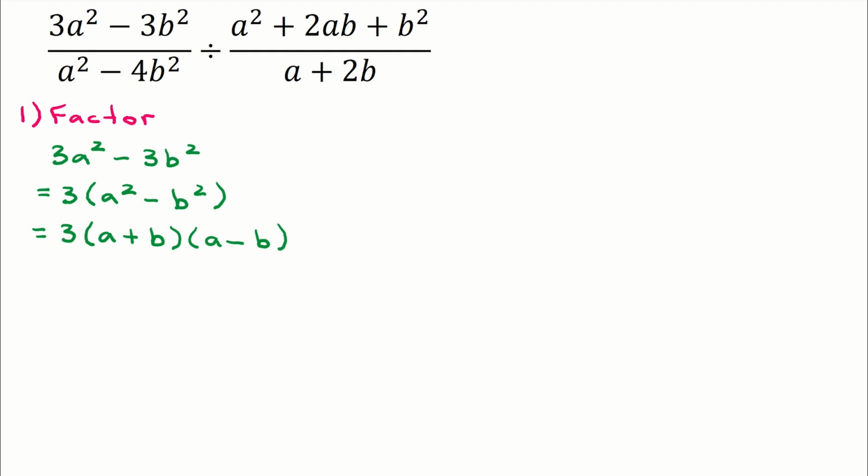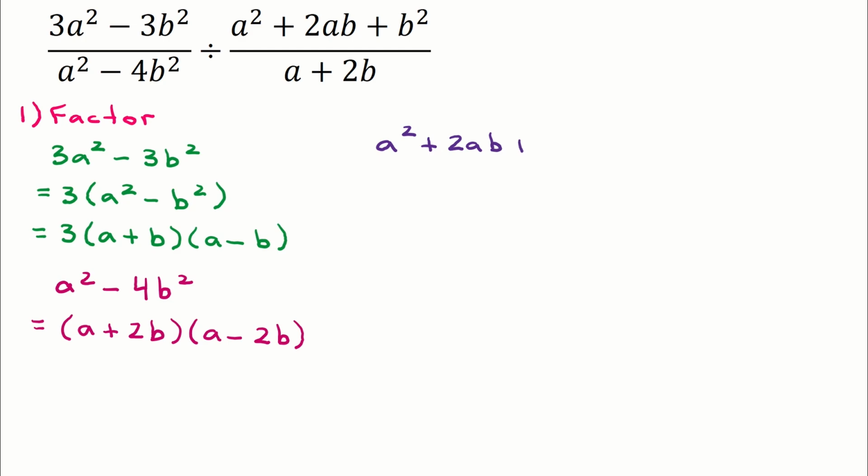On our denominator, we have a squared minus 4b squared. This is a difference of squares as well. We're left with a plus 2b multiplied by a minus 2b. For our second fraction, we have a squared plus 2ab plus b squared. So this is a simple trinomial.